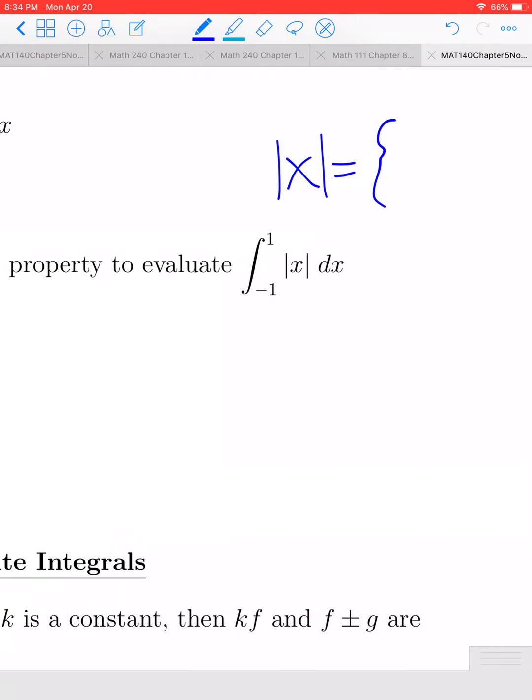It is equal to x when x is greater than or equal to 0, but it's negative x when x is less than 0. And for that piecewise defined function, 0 is in between -1 and 1.